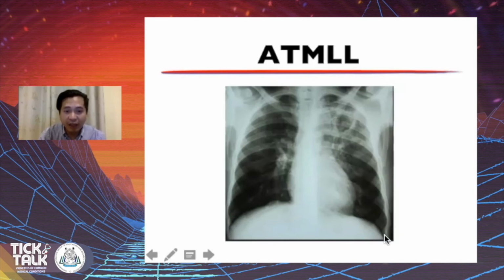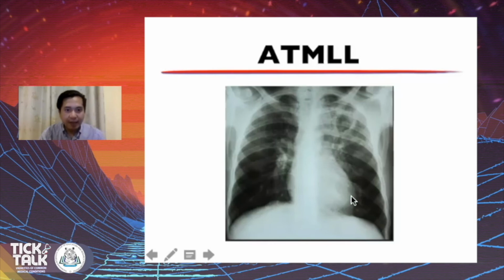There's no blunting of the costophrenic sulci. Then the thorax. We look for bony deformities or any fractures. Nothing. No widened intercostal spaces. The ribs are intact.